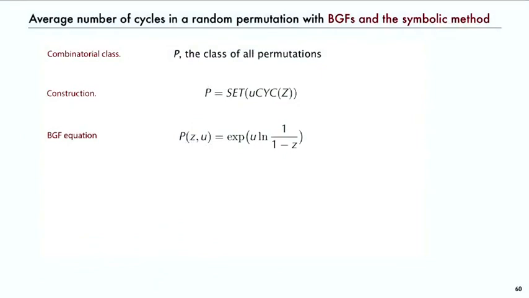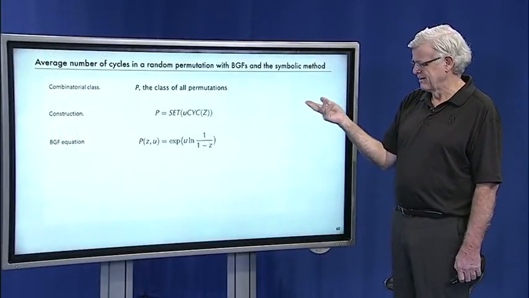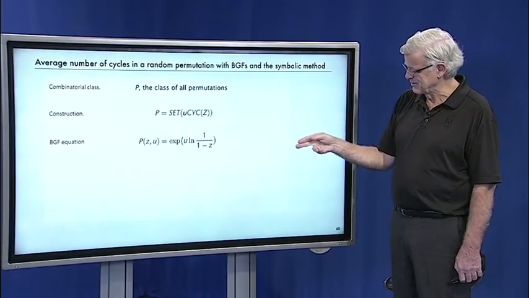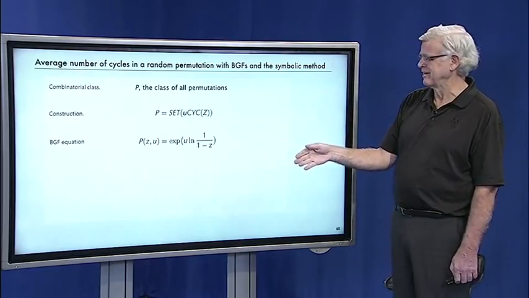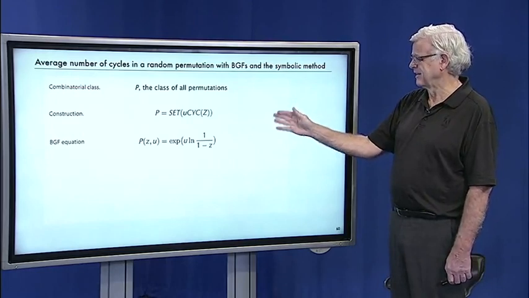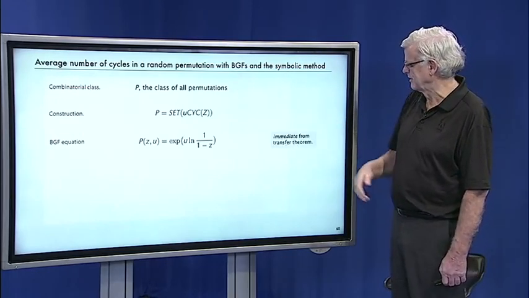And what do we want? We want to differentiate with respect to u, evaluate at u equals 1. And in this form, it's the same function. It's 1 over 1 minus z to the u, just written in exponential log form. It's obvious that the derivative with respect to u is going to bring out a factor of log 1 over 1 minus z, and then leave this term, evaluate at u equals 1 is just 1 over 1 minus z.